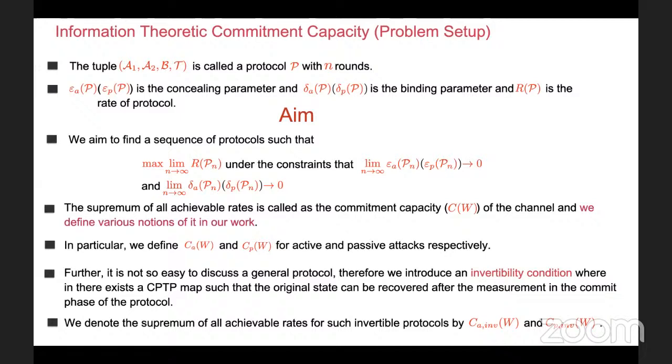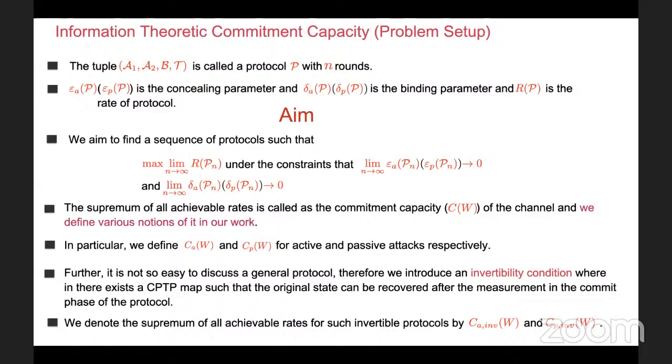To overcome this, we make an assumption, a condition which we call the invertibility condition. Basically what it means is that at every step in the commit phase, there exists a CPTP map such that we can recover the original state from the measured state.